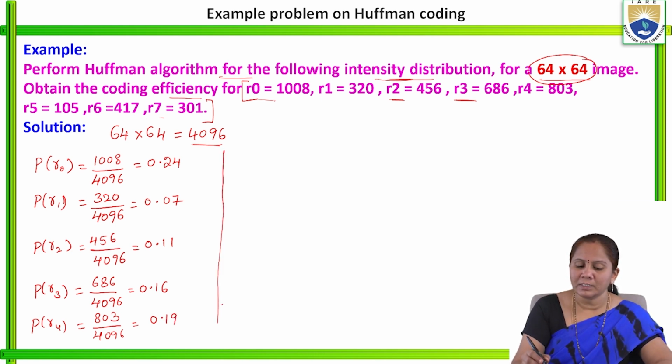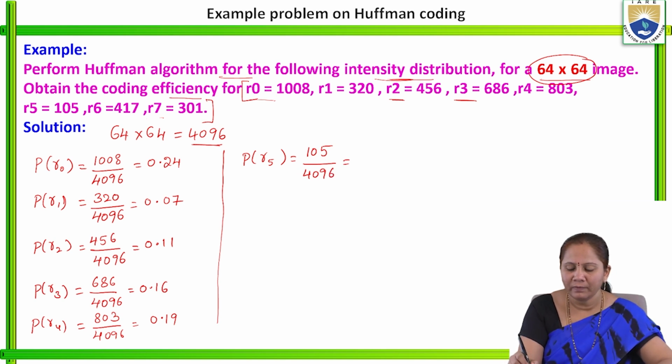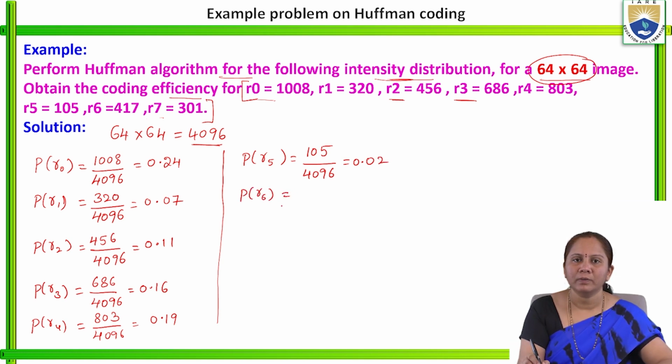And here we have the other symbols, R5, R6 and R7. P of R5: the value of R5 is 105 by 4096. The value of P of R5 is 0.02. Next, the probability of R6. Here R6 is 417, so 417 by 4096.